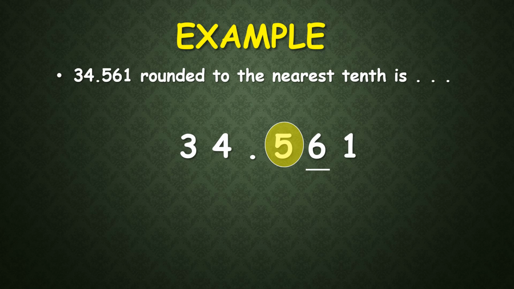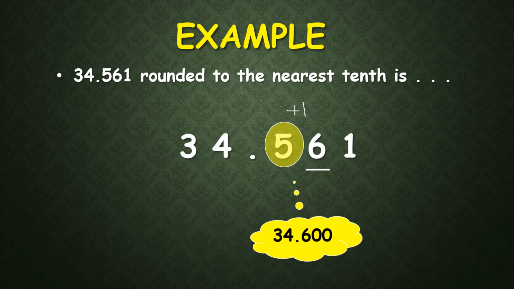After that, what do you have to do? You have to add 1, because the digit after the encircled digit is 6, and we have seen that if it is 5, 6, 7, 8 or 9 then we add 1 to the encircled digit. So our number will now become 34.600.